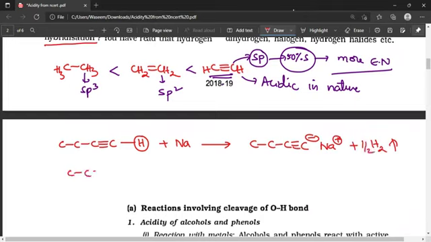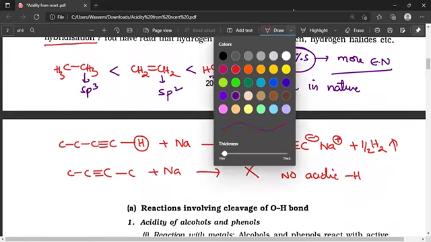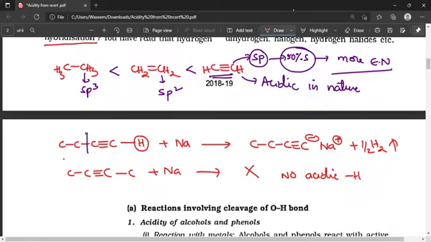But butane will not react with sodium to release hydrogen gas because there is no acidic hydrogen in it. So with the help of this reaction, I can easily identify the terminal alkynes and differentiate them from internal alkynes.